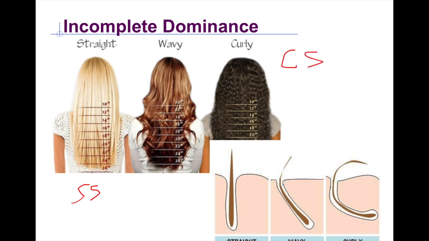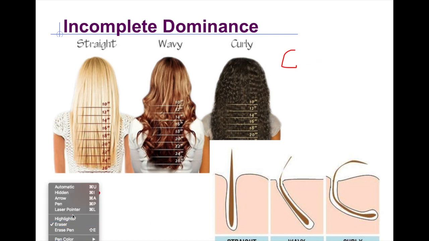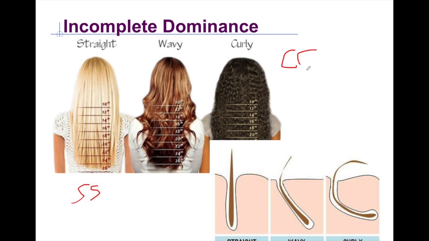But if you have wavy hair, oh wait, I did that wrong. Curly hair is not CS. Curly hair is actually CC. Sorry about that. So if you have wavy hair, you get a combination of both C and S. So those are the genotypes of the individuals.